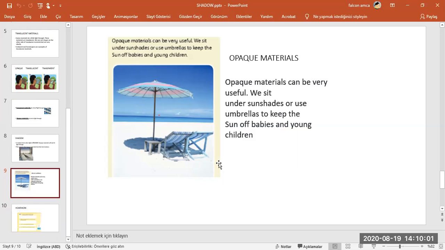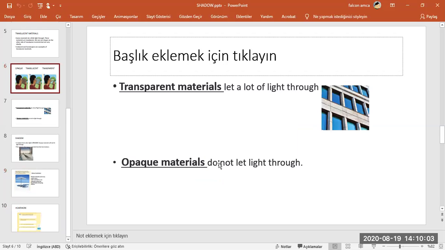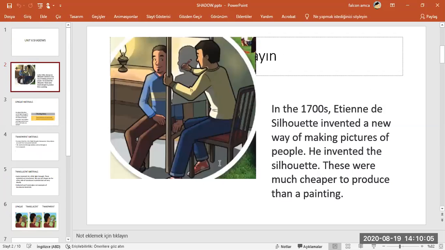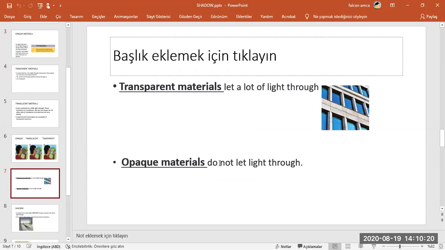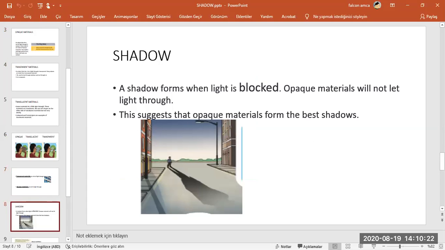Yes. And any question till here? Which materials produce shadows? Opaque materials. If light cannot pass through it, you can see its shadow, and shadow size changes according to sunlight.